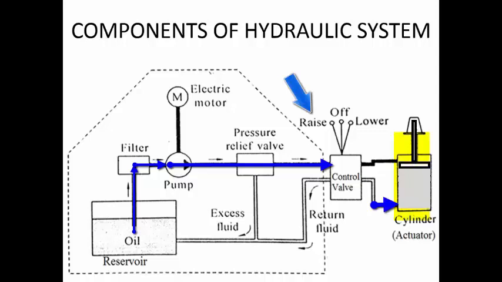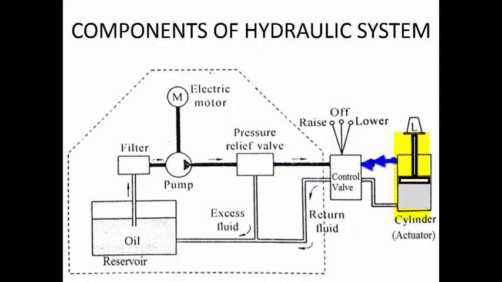When the lever is in the raised position, the connections inside the valve will be such that whatever flow is coming from the pump enters on the lower side of the piston and the piston moves upwards.